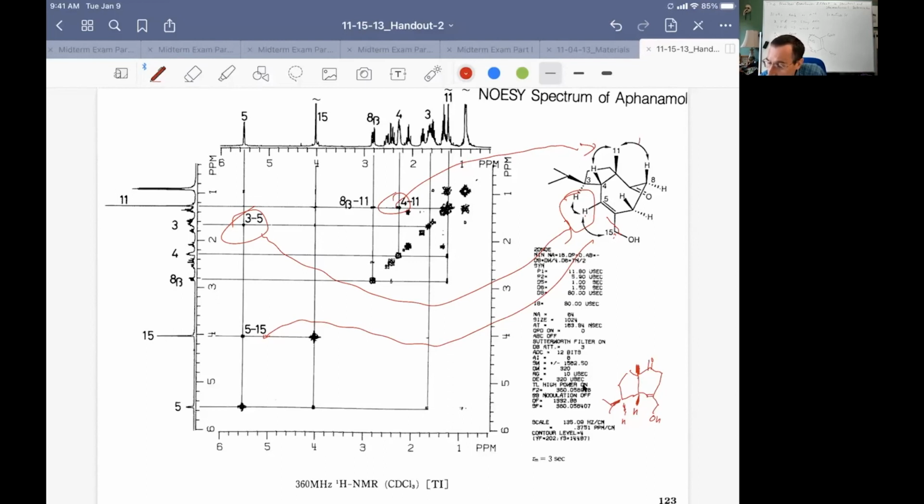We see an NOE between hydrogen 8 and hydrogen 11. And it looks like my program is trying to be too smart for itself and correcting my lines. Anyway, that NOE tells us that we sort of have this envelope-like conformation here.